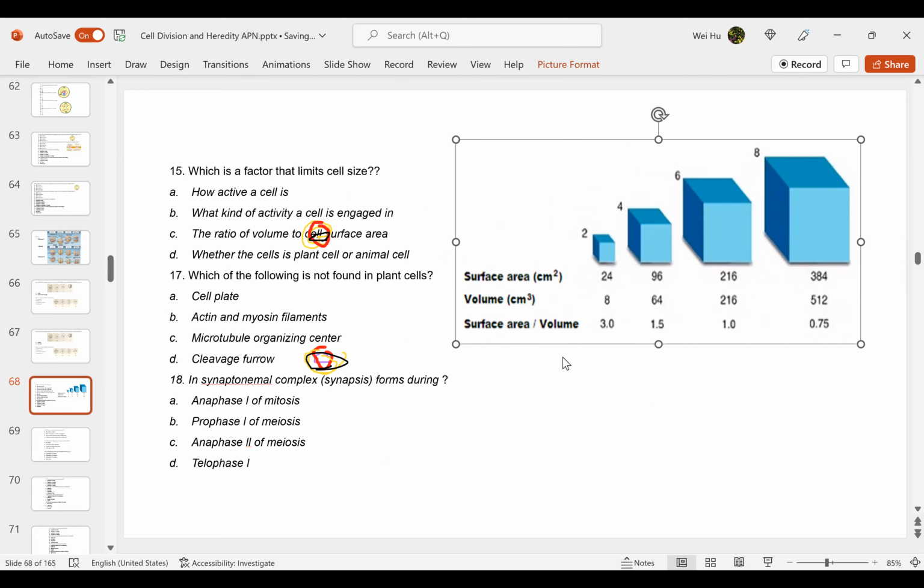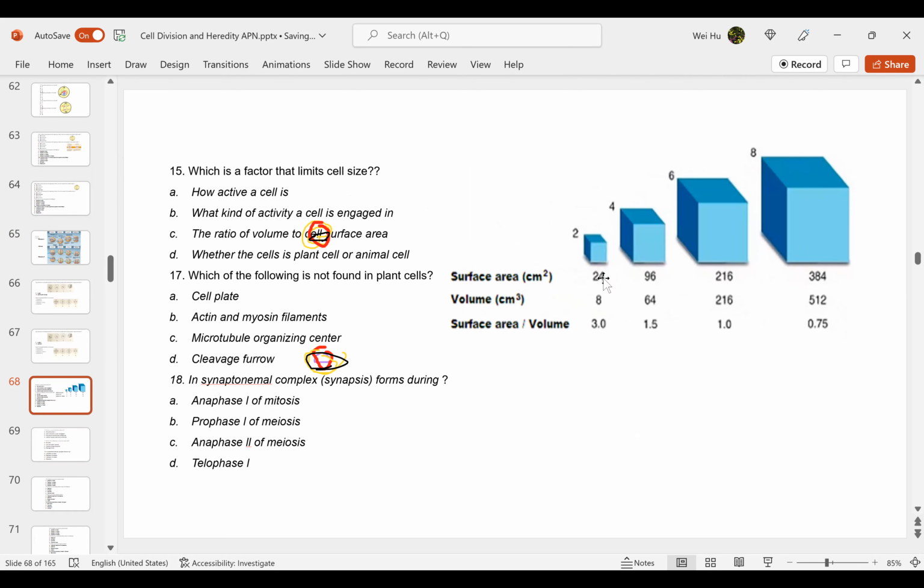Okay, so this is here. Let's say it's a cube, with each side equal to 2. So what you do is 2 multiplied by 2. Let's do this one for the surface area.